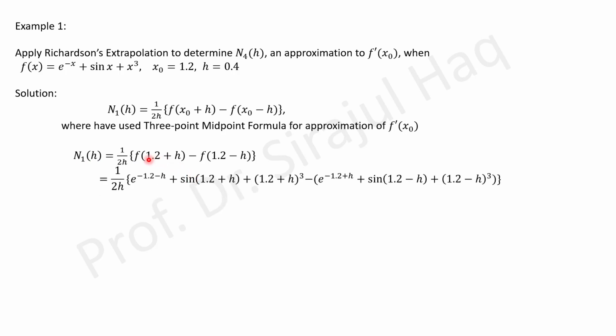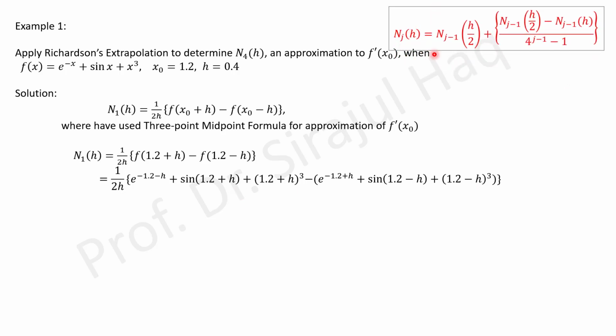I just replaced x by 1.2 plus h over here, the sine of 1.2 plus h, and this will be (1.2 plus h) whole cube, minus, replace x by 1.2 minus h. So when you replace it, this will become minus the sine of 1.2 minus h, and similarly (1.2 minus h) whole cube. So this is the value of N1 in terms of h.